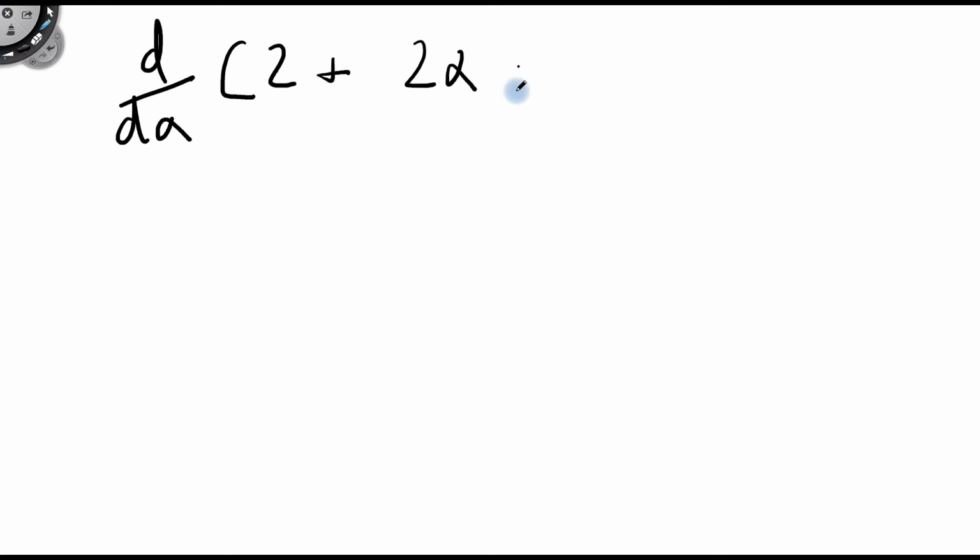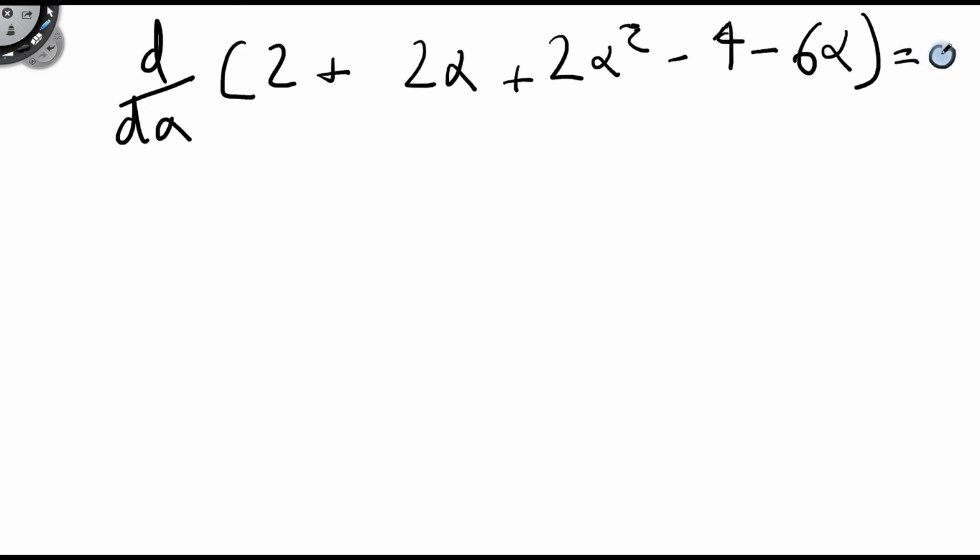I'm just going to rewrite things. In fact, really, it should be vertical, because we've only got one function. So we've got d by d alpha of 2 plus 2 alpha plus 2 alpha squared minus 4 minus 6 alpha equals 0. So the 2 and the 4 just go to 0. Easy, can that?